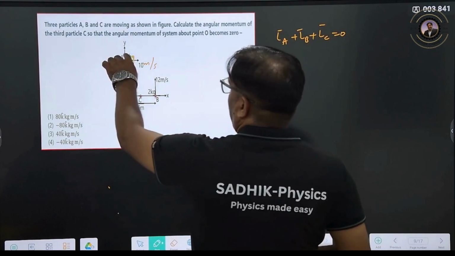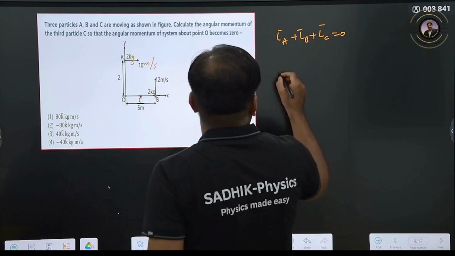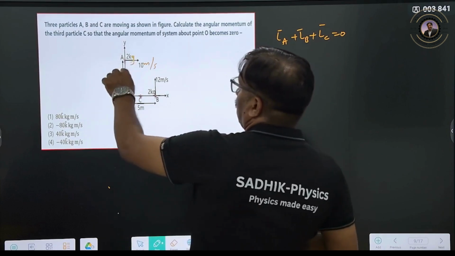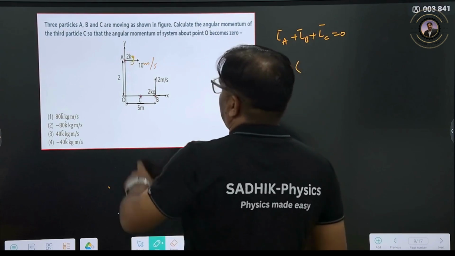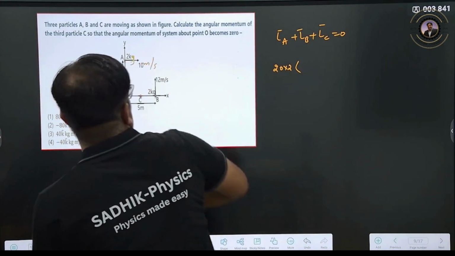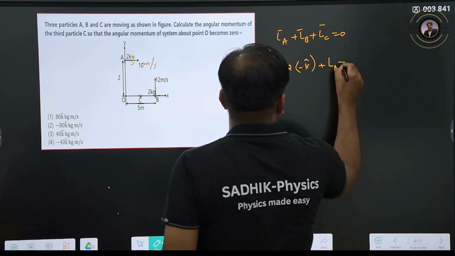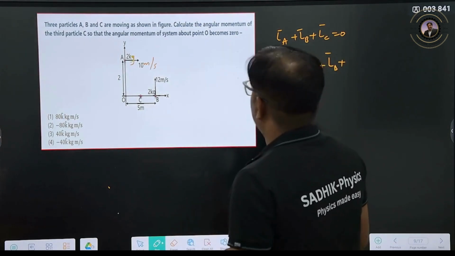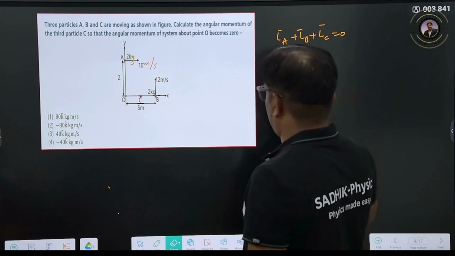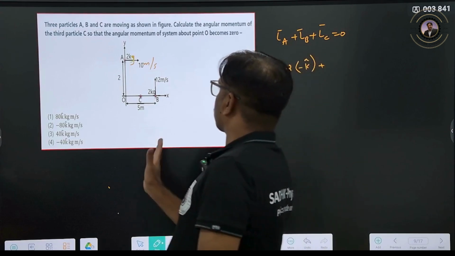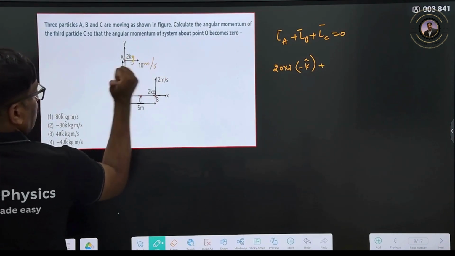Clear? So the angular momentum of particle A is how much? 2 into 10, that is 20, into perpendicular distance 2 meters. So 20 into 2, but it is going along the z axis, therefore minus k cap, plus the angular momentum of C which we want to calculate. Now the angular momentum of B: by the right hand thumb rule it is coming out.